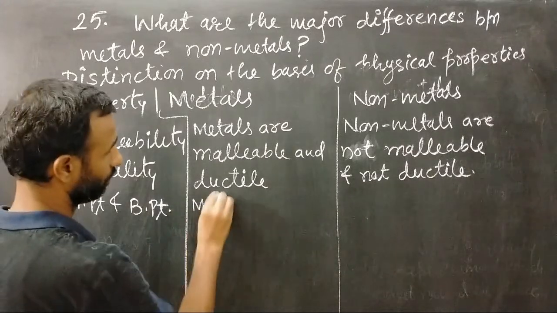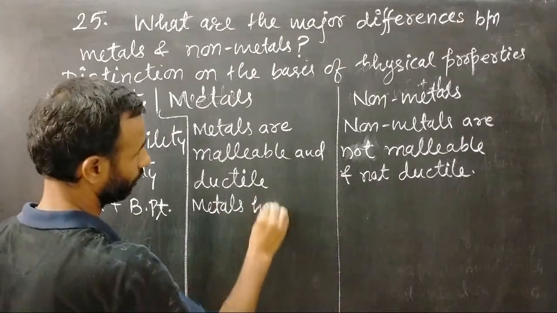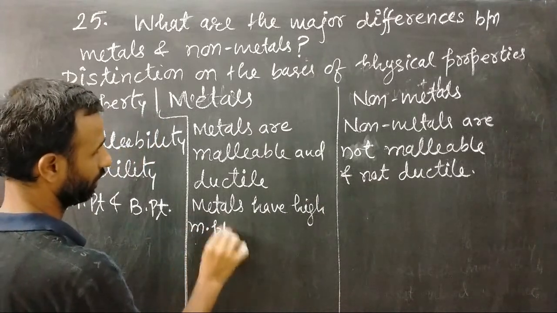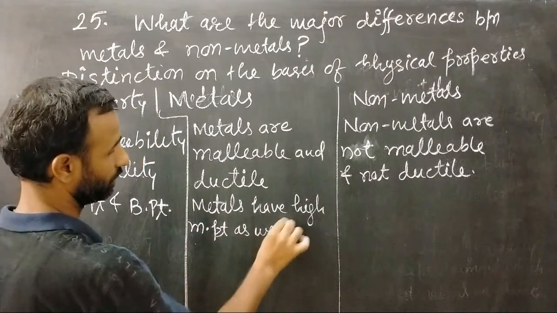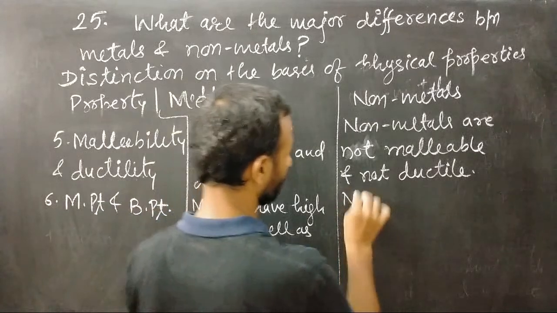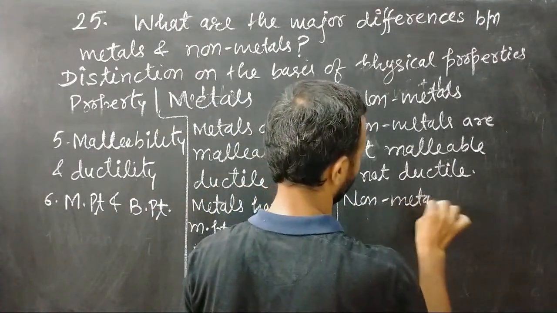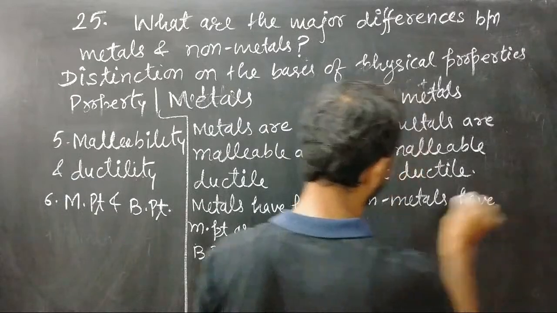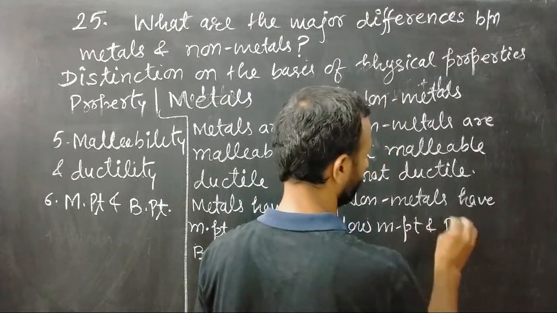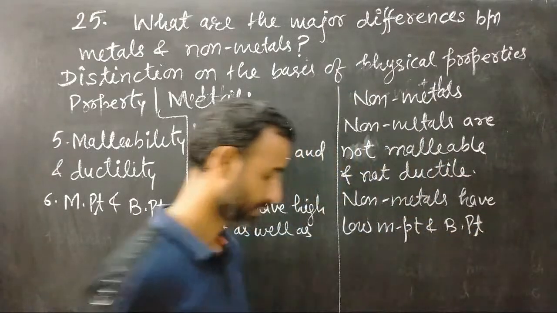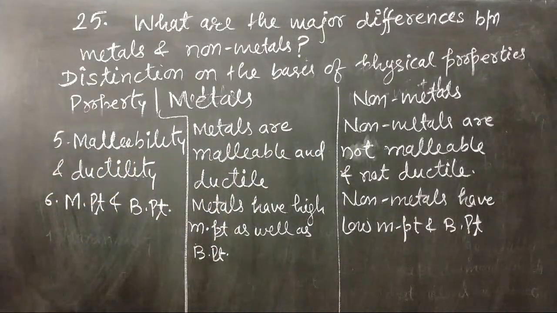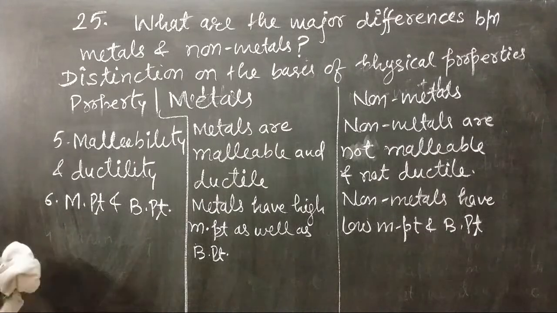Yes, metals have high melting point as well as boiling point, and non-metals have low melting point and boiling point. Good. Next is allotropy.